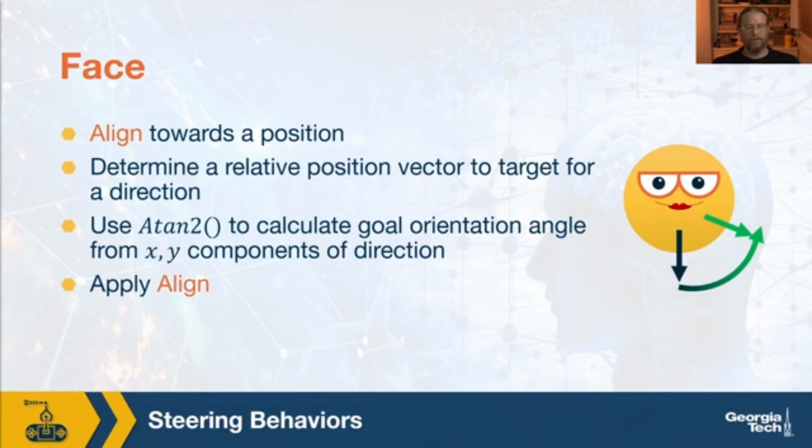Otherwise, if you were just using ATAN rather than ATAN2, then you would just have a positive angle, and you wouldn't know the proper turning angle, because you would lack that information. Now you could figure it out by analyzing the signs yourself, but it's already implemented in ATAN2. It's available in almost every math library and game engine, so the simplest thing to do is to use ATAN2.